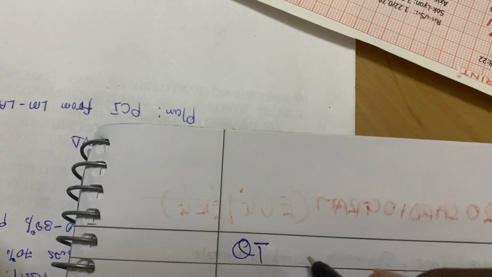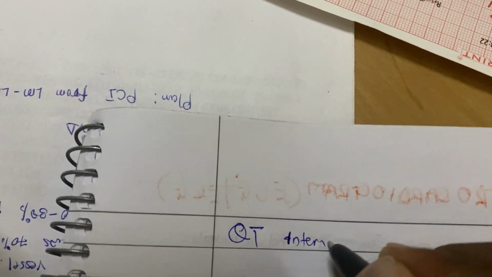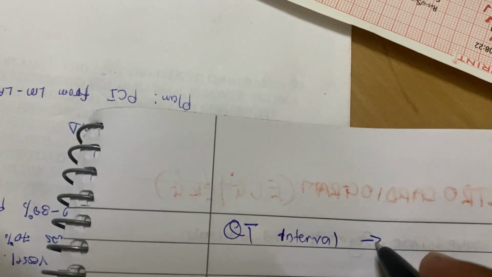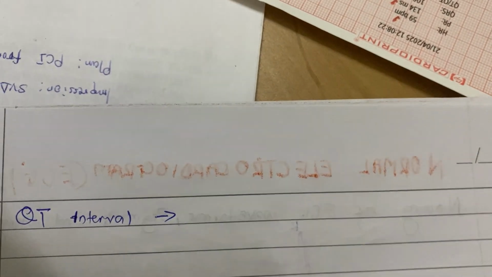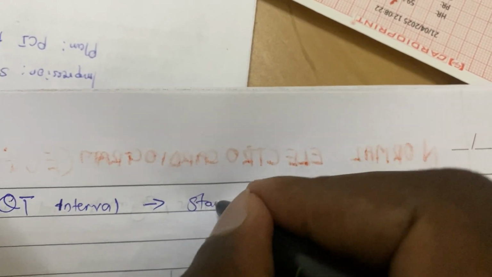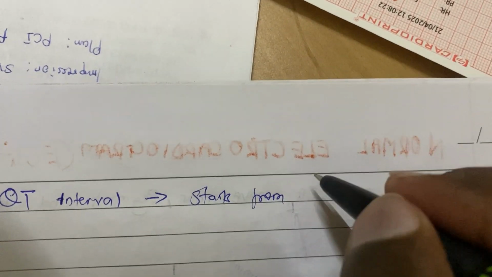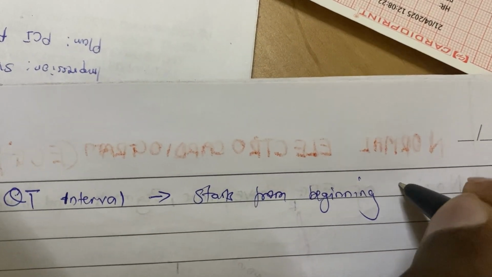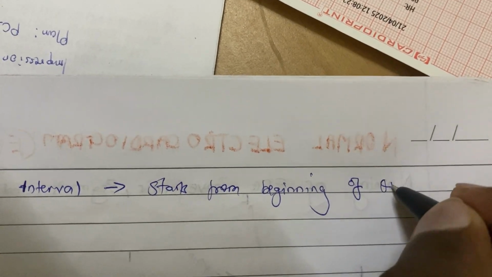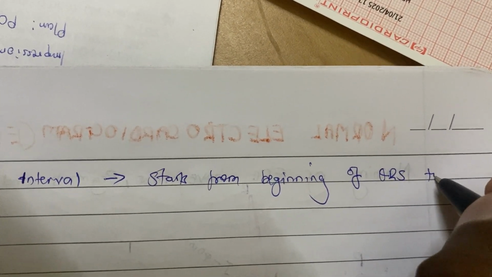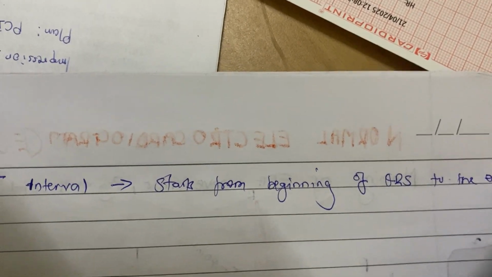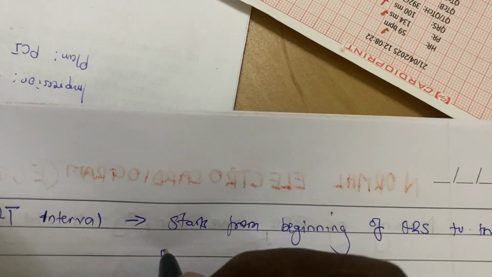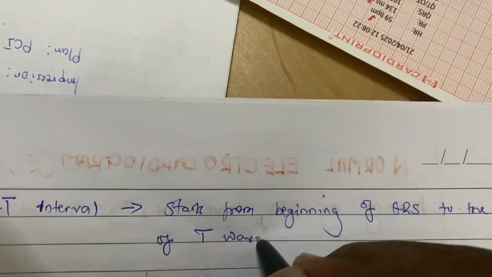The next interval is the QT interval. How long is QT interval? Where does it start from, or what are the demarcations? It starts from the beginning of QRS to the end of T wave.